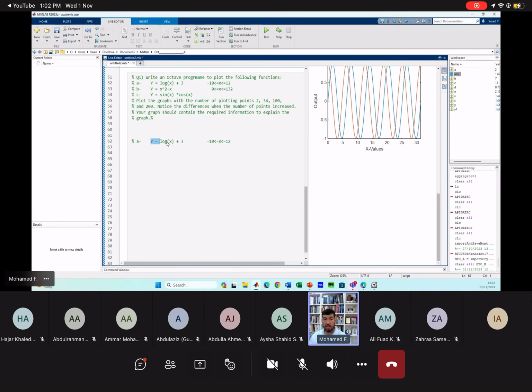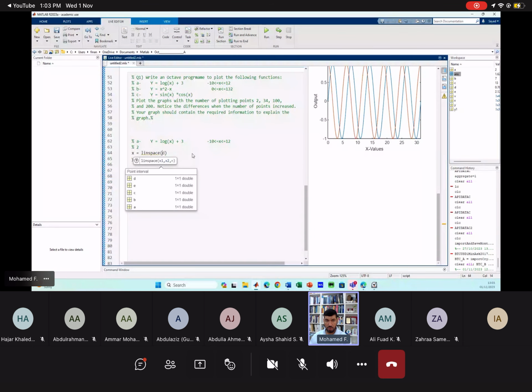So the function is always going to be the same. We'll start by x, and then we'll make y equals to that. Okay? And we are going to specify each point. So equals, here we are going to do it for the 2 points. Okay? Linspace, it's going to start not at 1, it's -10.